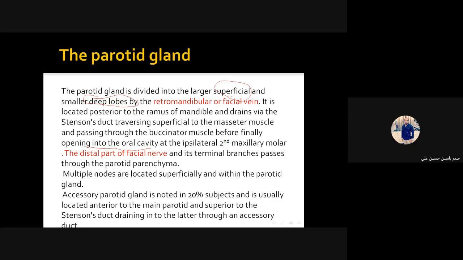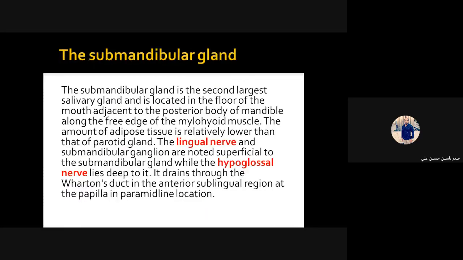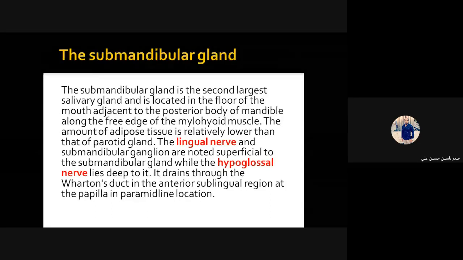Furthermore, the accessory parotid gland can sometimes be noticed in 20 to 25% of subjects, usually located anterior to the main parotid and superior to the Stenson duct. Another anatomical structure to cover is the submandibular salivary gland, which is considered the second largest salivary gland.